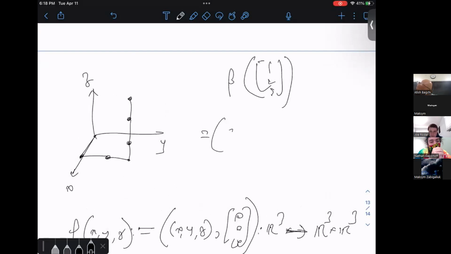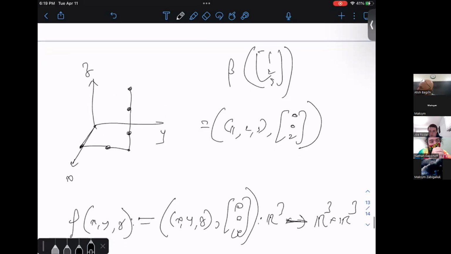Beta of (1, 2, 3) is (1, 2, 3), (0, 0, 2), right? At the point (x, y, z), we have (0, 0, y). So at the point (1, 2, 3), we have (0, 0, 2). So that means at this point, the velocity of the flow is (0, 0, 2).